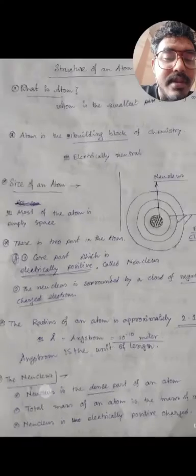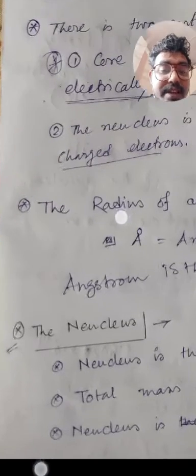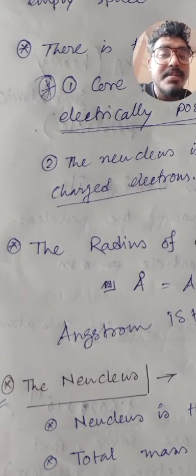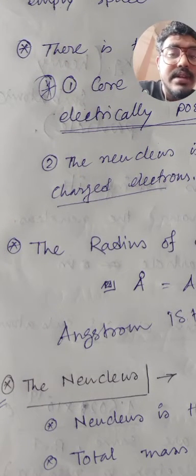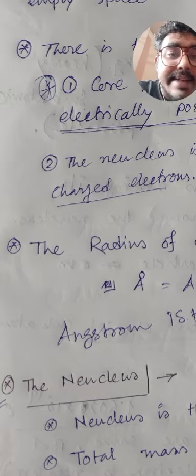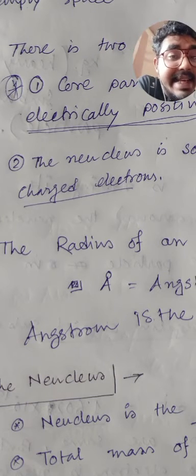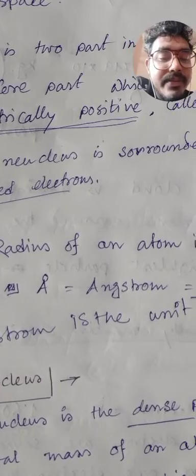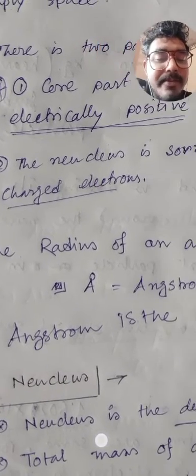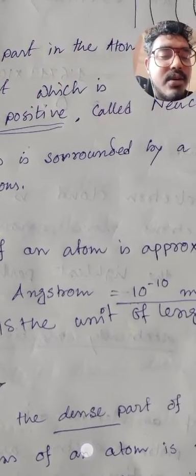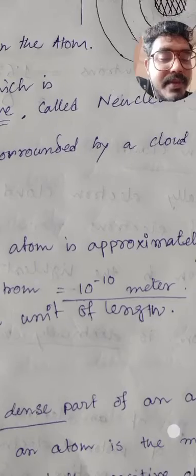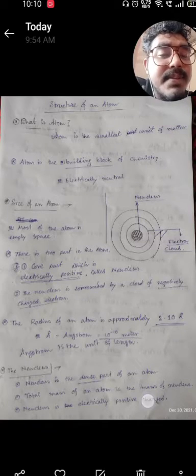Now we move to the nucleus. Here I will explain why I call it the electrically positive core. The nucleus is the dense part of an atom. Why is it the dense part?